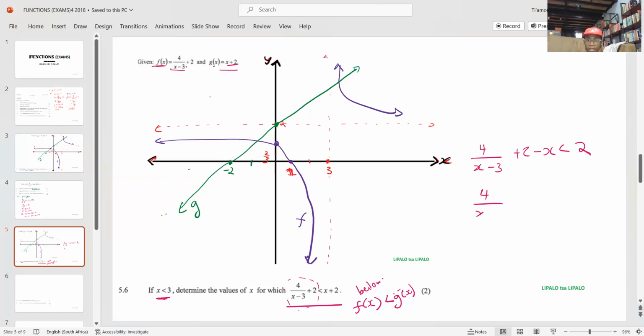So you're going to have 4 over x minus 3 plus 2 less than x plus 2. So always look for those types of things. That's how they can try to confuse you. And this is f of x less than g of x, below. So let's start answering the question.